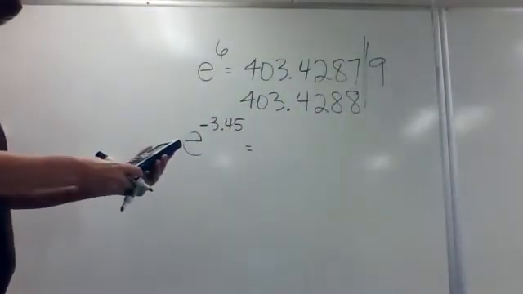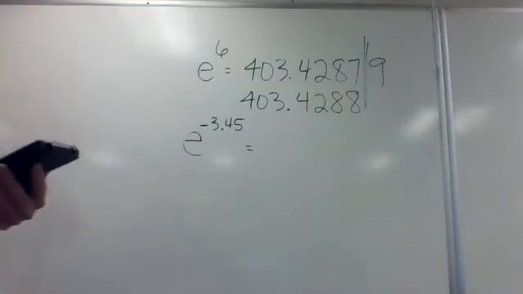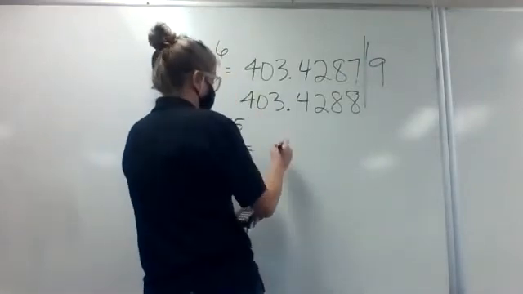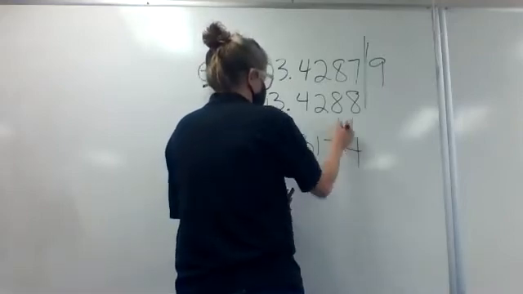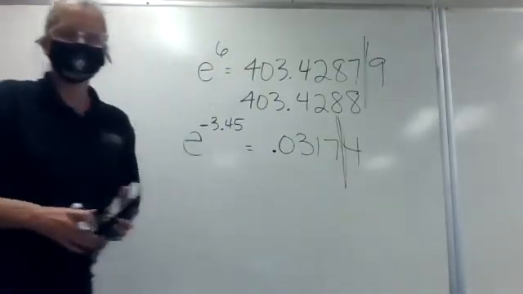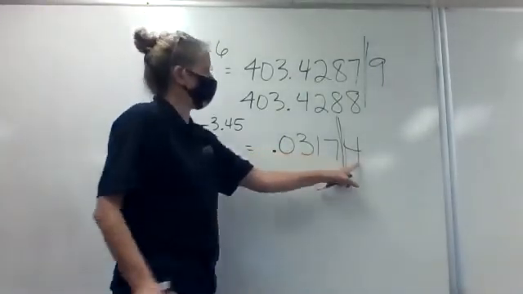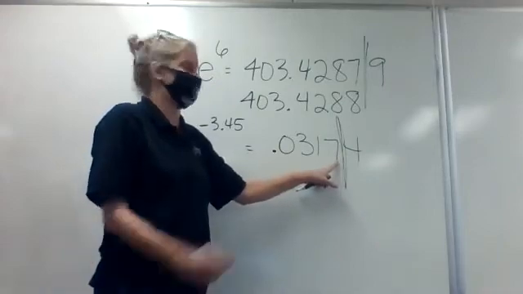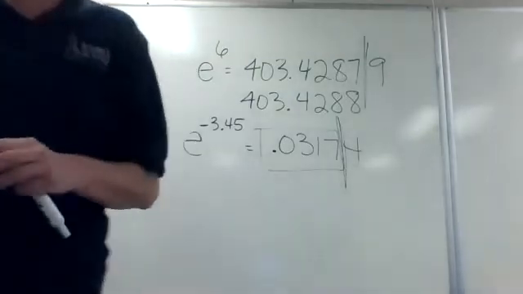So negative 3.45. And again, it wants me to round it to 4 decimal places. So I'm going to write out 5 decimal places. So 0.03174. So this time, the 5th number is a 4, so it's not 5 or greater, which means I just don't need to round up that 7. So 0.0317.